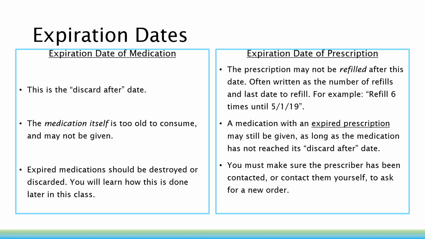This means after 6 refills or after May 1st, the medicine may not be prescribed unless the doctor gives new orders. A medicine with an expired prescription still may be given as long as the medicine has not reached its discard date. You must make sure the prescriber has been contacted and contact them yourself to ask for a new order.